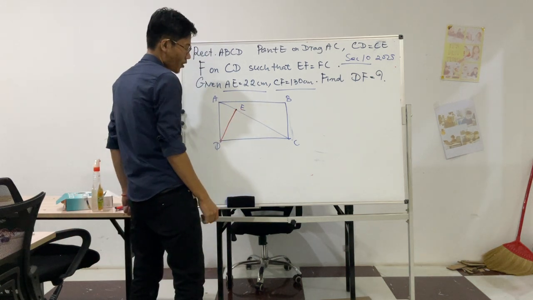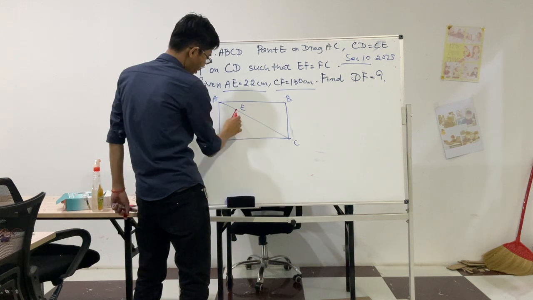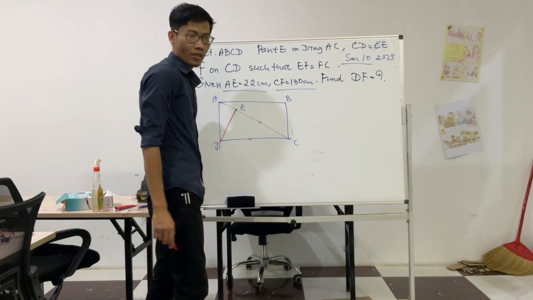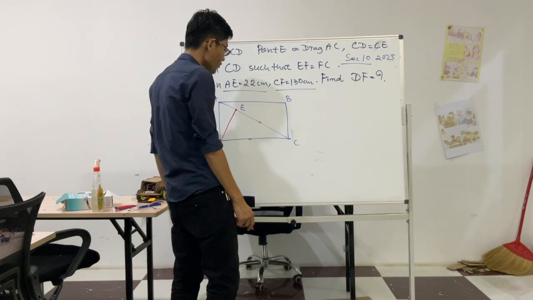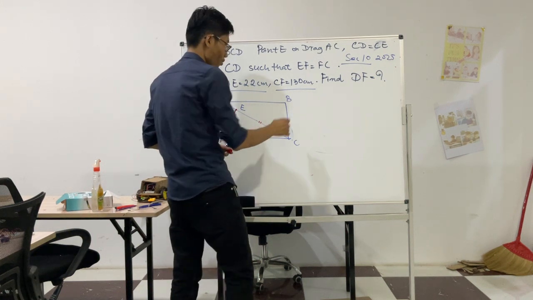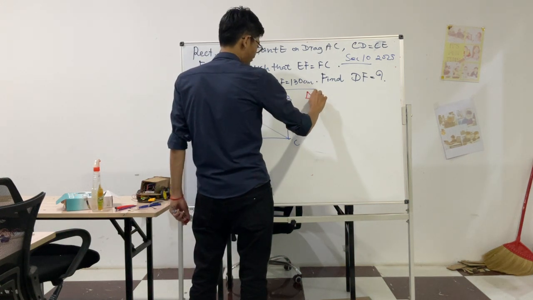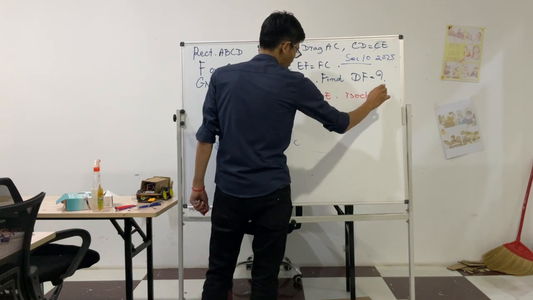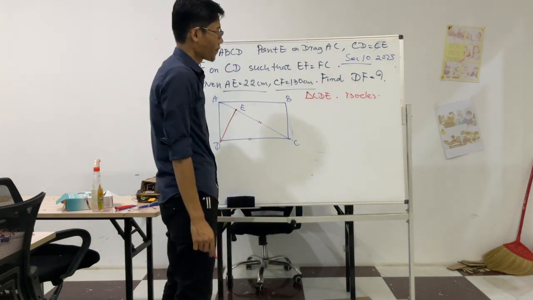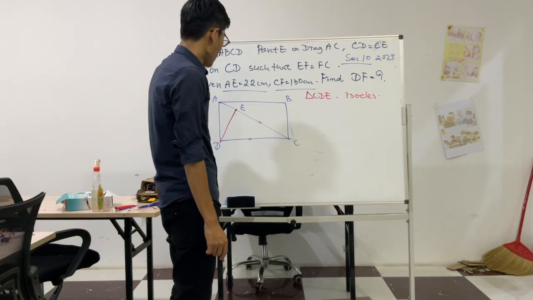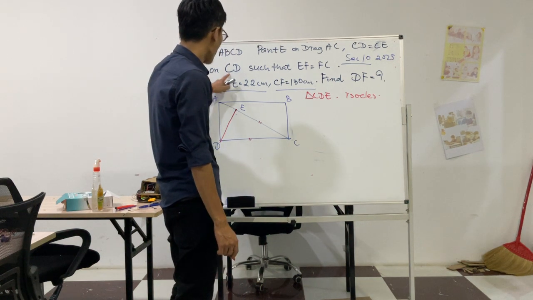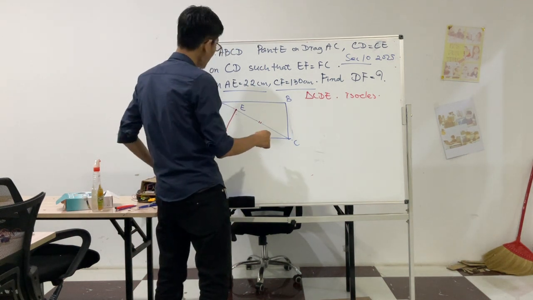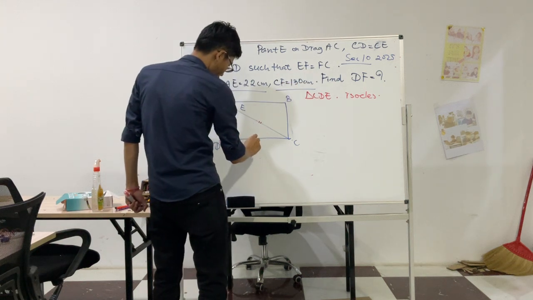Because CE equals CD, these two sides are equal, so triangle CDE is isosceles. Next, F is on CD, which we have EF equal to FC.